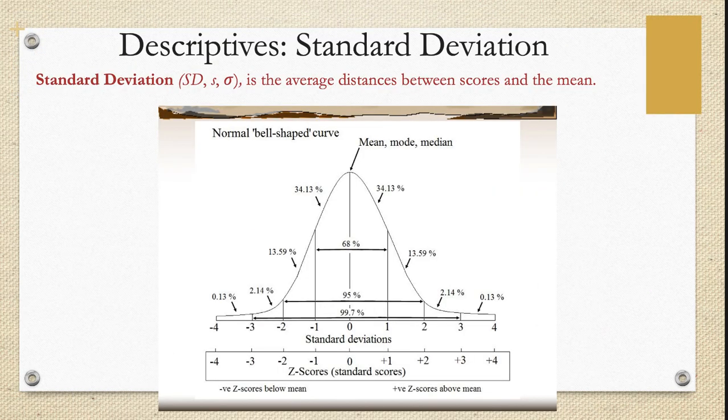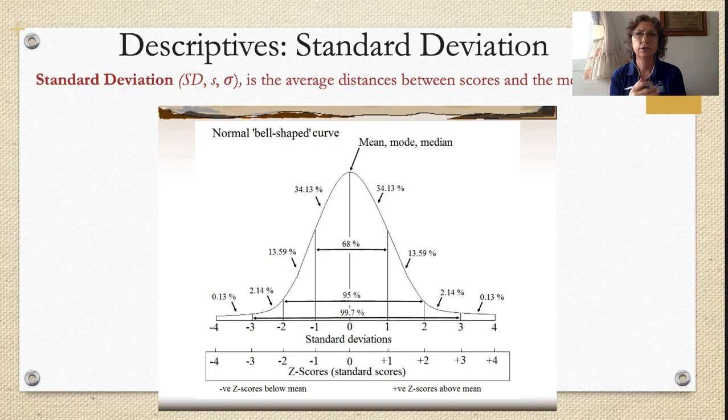To discuss that spread within the distribution, we go to standard deviation. It's the average distances between the scores and the average of all the scores. So the advantage of standard deviation is that it's in the units of the measure itself.